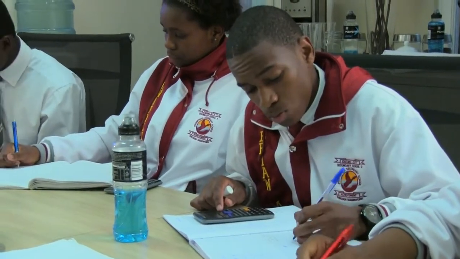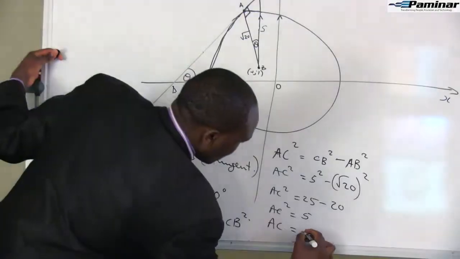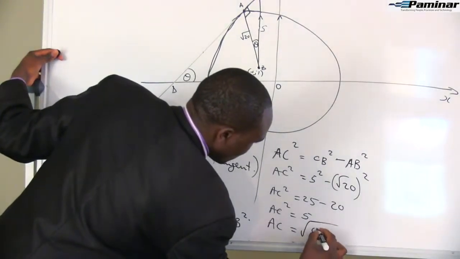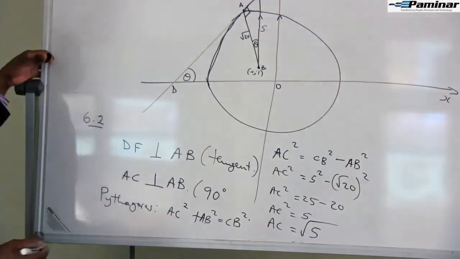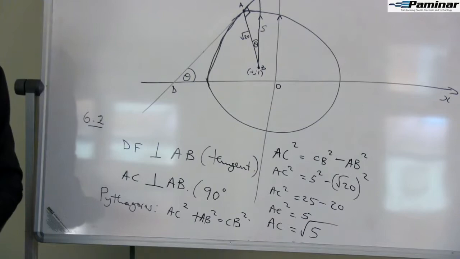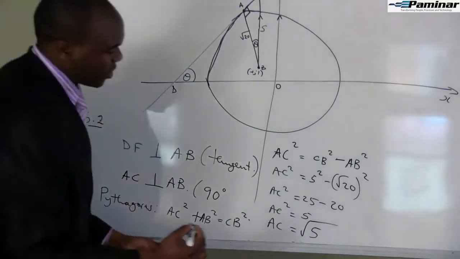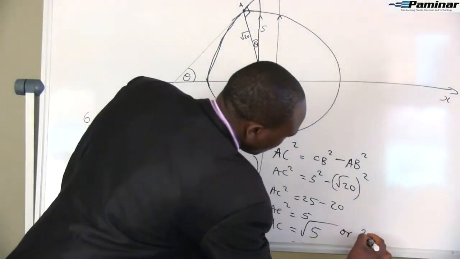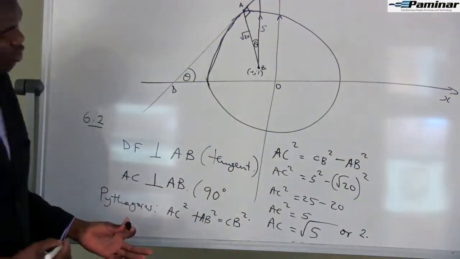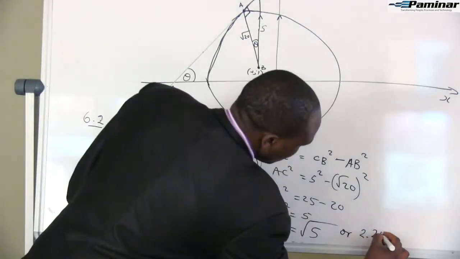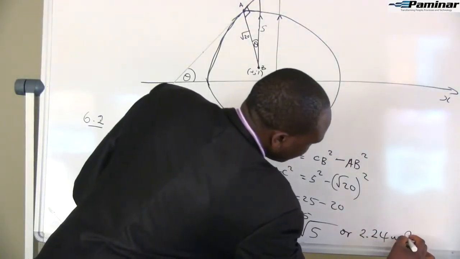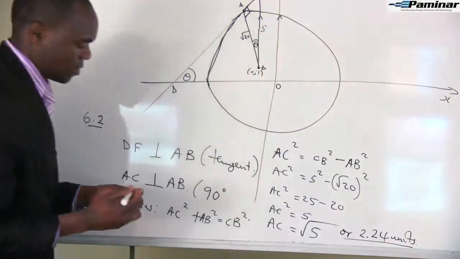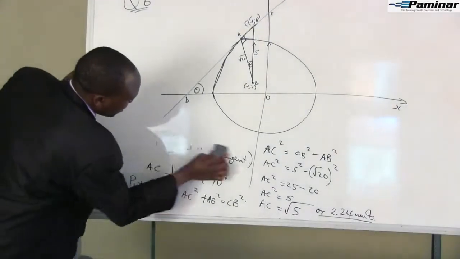So AC is the square root of 5. Some may want to just give the answer, or 2.24. So that is 6.3.